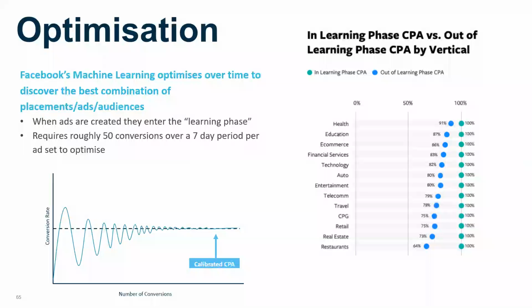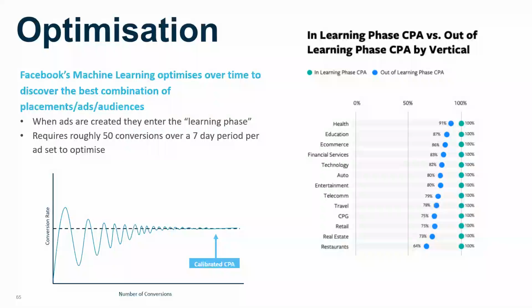For optimization, Facebook is currently doing quite a large push around how the Facebook accounts are organized, and that advertisers are letting their accounts be optimized as much as possible. So they're leaning very heavily on machine learning. Basically, what that means is that they're trying to get people to consolidate their accounts.